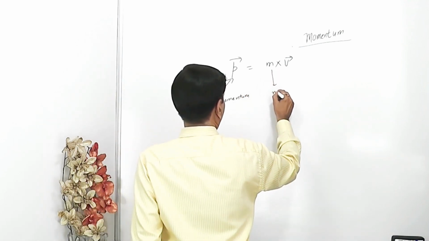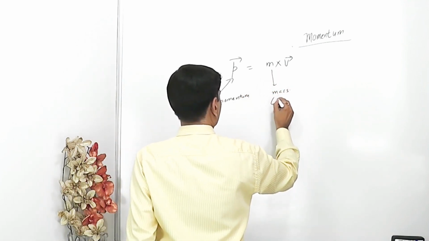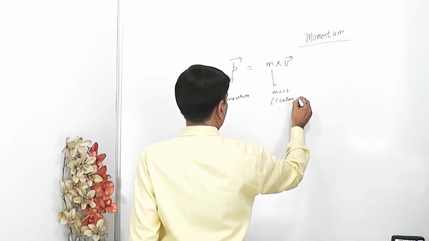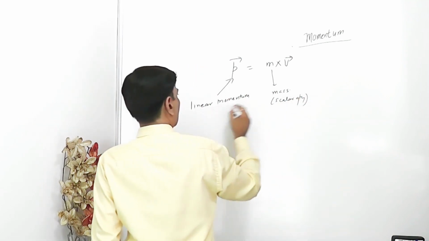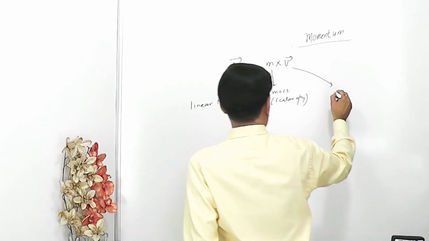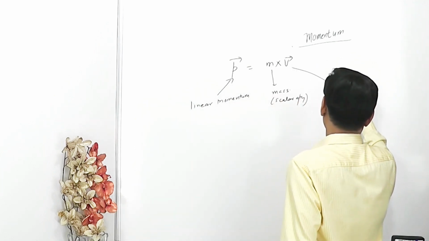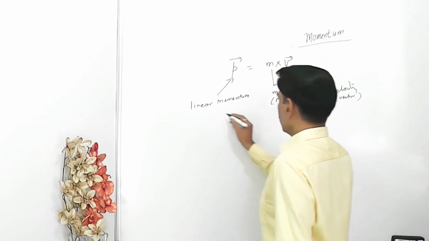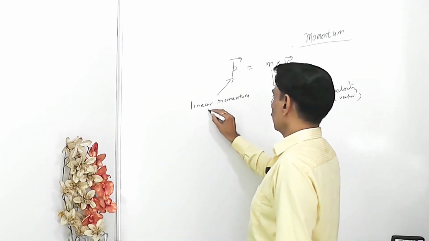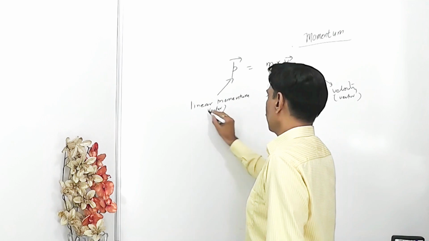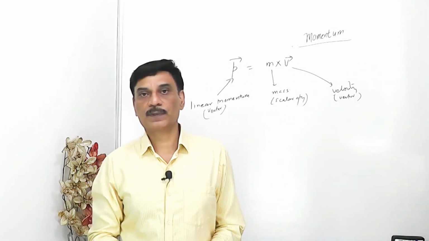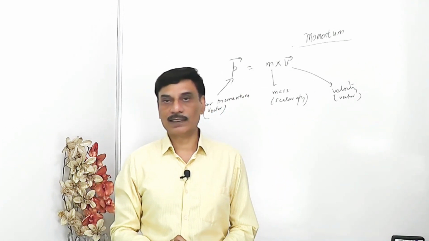M stands for mass, which is a scalar quantity, and this V is velocity. This is a vector quantity, so obviously scalar into vector also becomes a vector quantity. So momentum is a vector quantity.